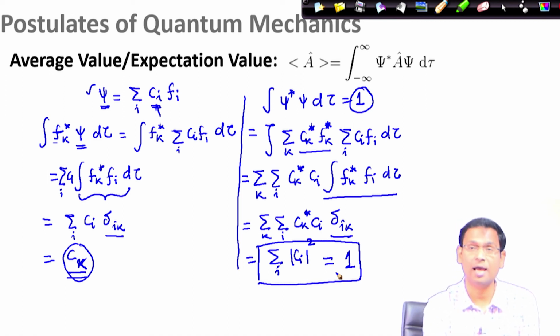So, now I have got complete information about expressing an arbitrary function as a linear combination of eigenfunctions of a complete set of orthonormal eigenfunctions. What is it?